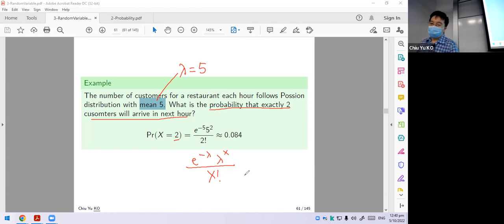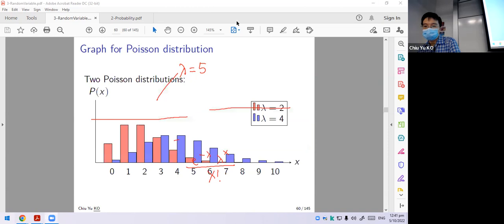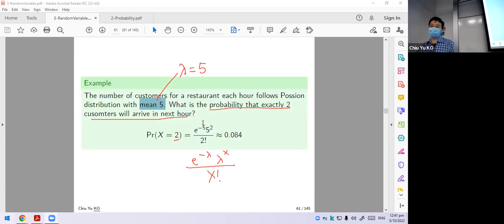You can look at the graph before, not exactly for 4, but you can see it's mostly concentrated around the mean. It's more or less a bell shape, so just like to be around 5. So this gives you an idea of how you can apply it in practice, so you can see how many people come in the coming hour.